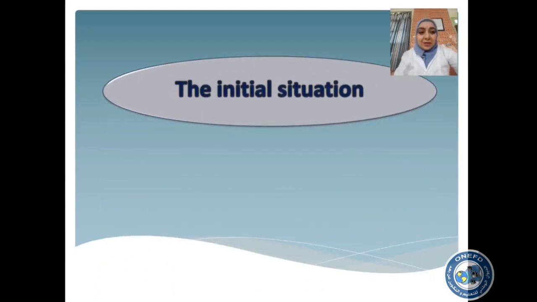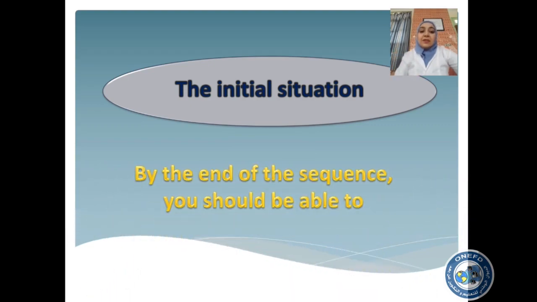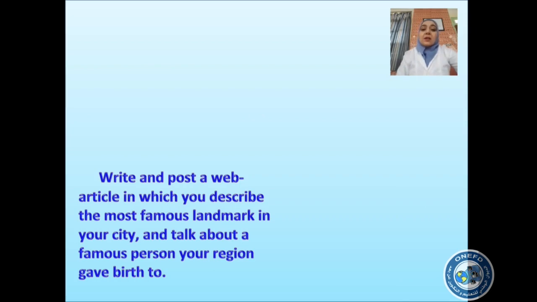Now here comes again the situation. By the end of the sequence, you should be able to write. While you were browsing a tourism forum, you saw a post by a French tourist talking about Algeria. You decided to answer him to advertise and promote tourism in your city or region. You should be able to write and post a web article in which you describe a famous landmark in your city and talk about a famous person your region gave birth to.